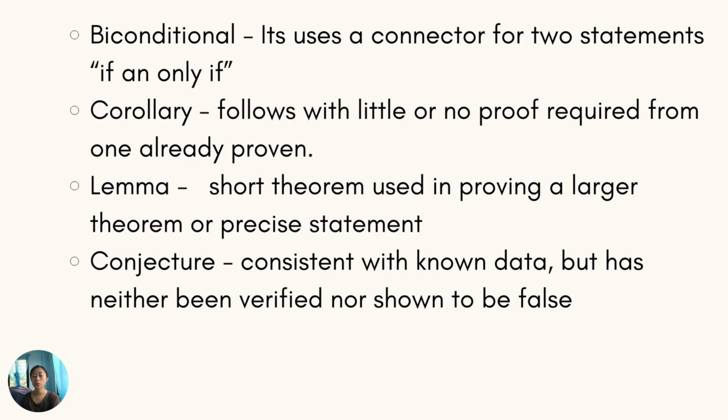Corollary follows with little or no proof required from one already proven. Lemma, a short theorem used in proving a larger theorem, a precise or notable statement. Conjecture, consistent with known data but has neither been verified nor shown to be false.